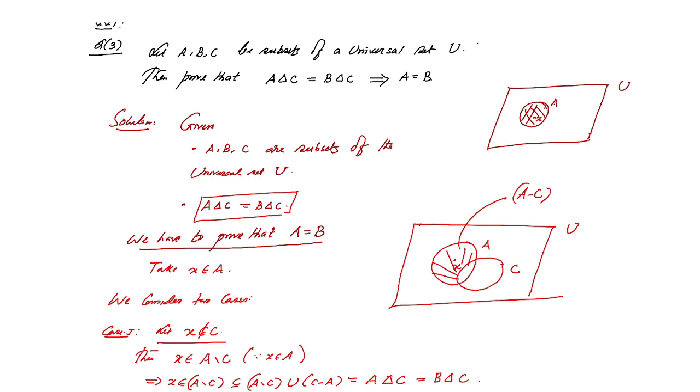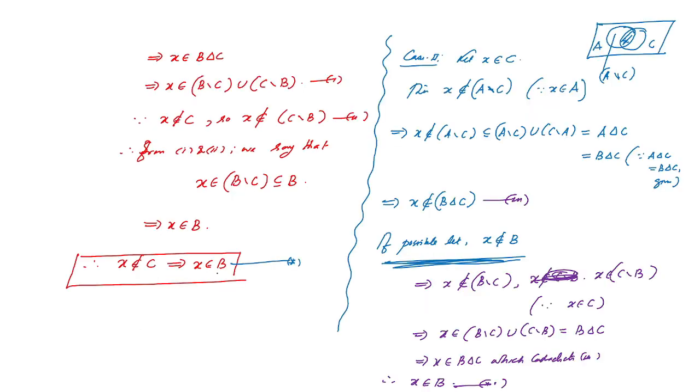Now we took X belongs to A, and we proved X belongs to B. So therefore, X belongs to A implies X belongs to B, and this information gives us A is a subset of B. Why is A a subset of B?